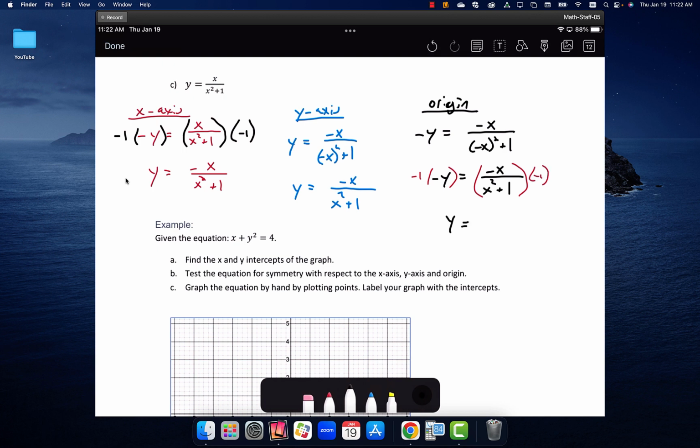So we have y equals, I'm going to distribute the negative sign to the top. We get x over x squared plus 1, which is what we started with. So we have symmetry with respect to the origin.